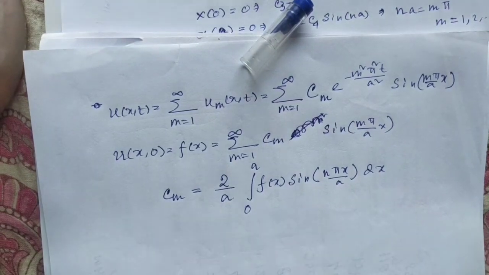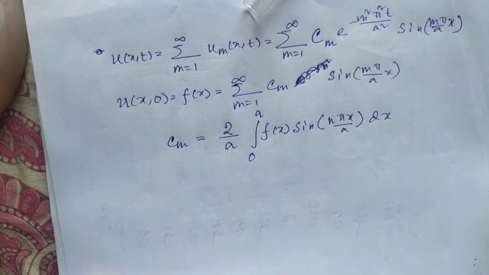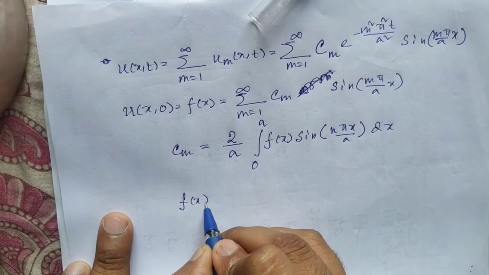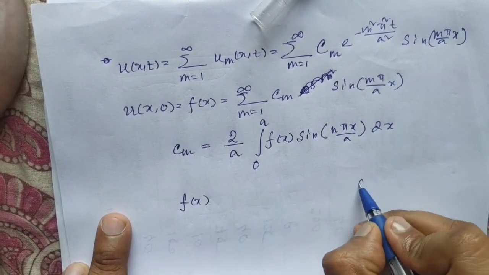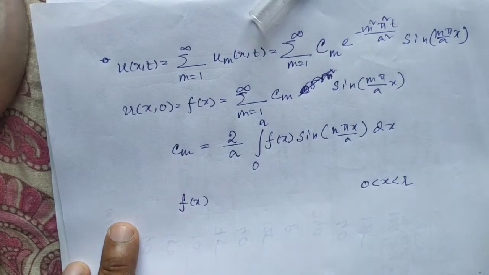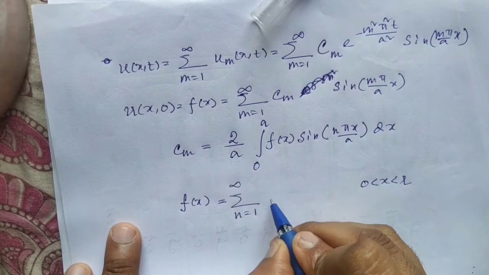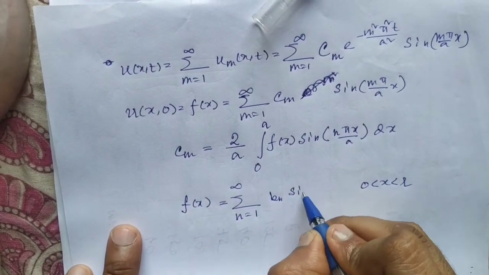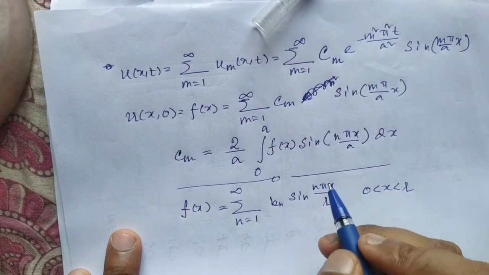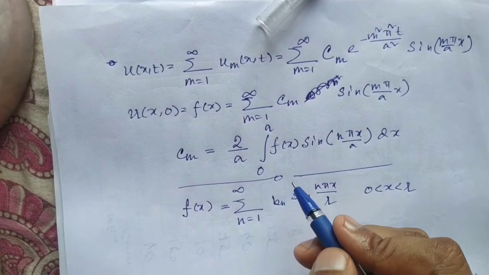Well, in this concern, I just want to remind you that whenever you are expanding some function, say f(x), as a sine series in the limit 0 to L, then your expansion should look like this: n equal to 1 to infinity bn sine n pi x over L. I mean, we are just going to the Fourier expansion, which we have used actually to make you recall these things.